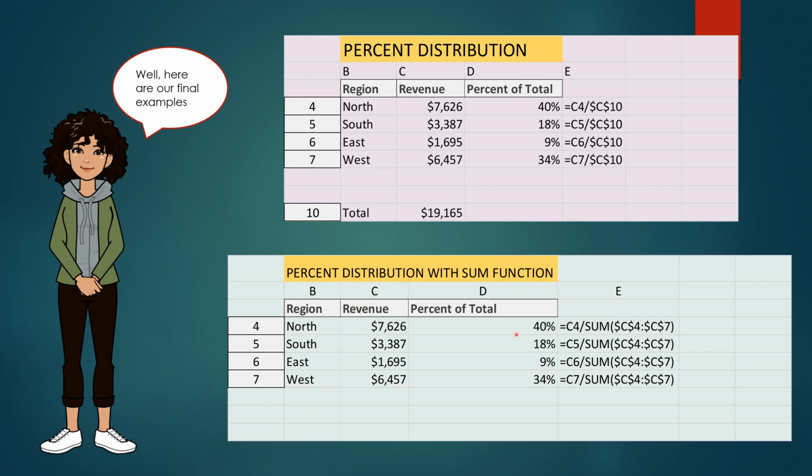The range in the sum function has to be absolute because that range will not change, it will remain constant. This will also avoid any errors when you copy the formula down. So it will be C4 divided by the sum of all the 4 regions. In this case, we do not have a dedicated cell that has the total value like in the previous example.